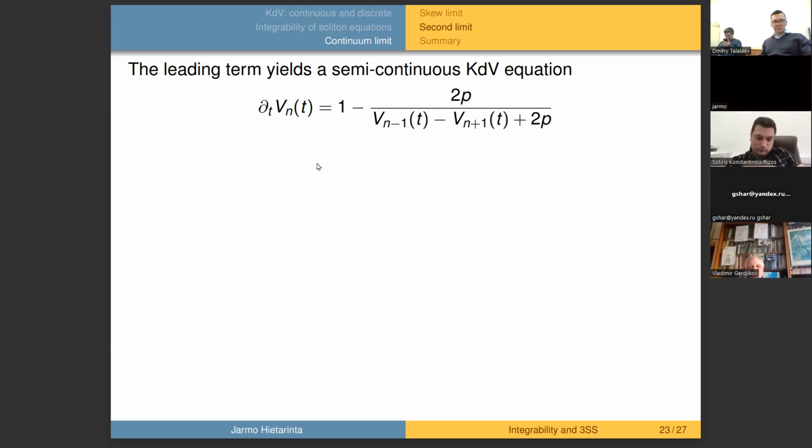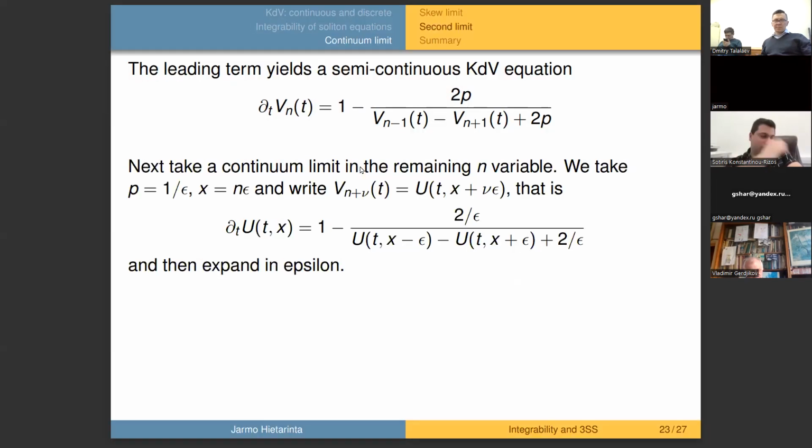In the skew case, of course, you can do similar calculations in the straight limit, but this is enough here. Okay. Now we have to make one more continuum limit in this variable n. And also something must happen to this variable p. It turns out that one has to take p is 1 over epsilon and x is n times epsilon.